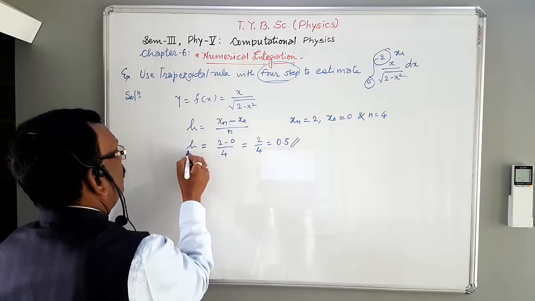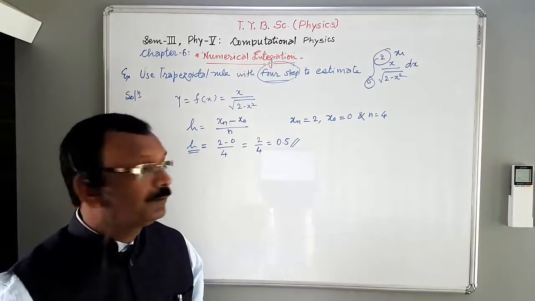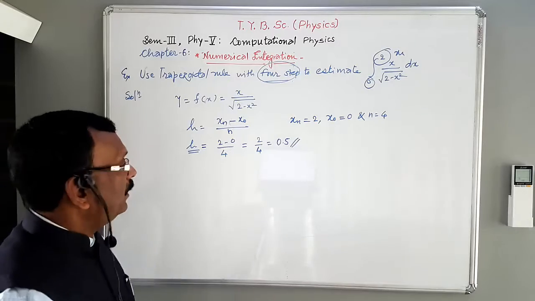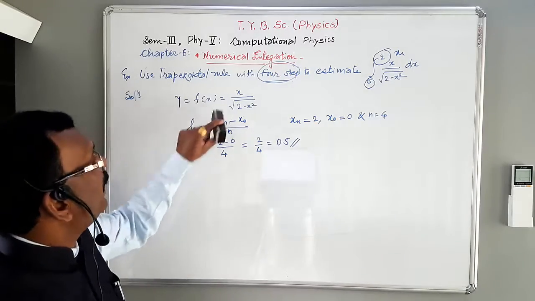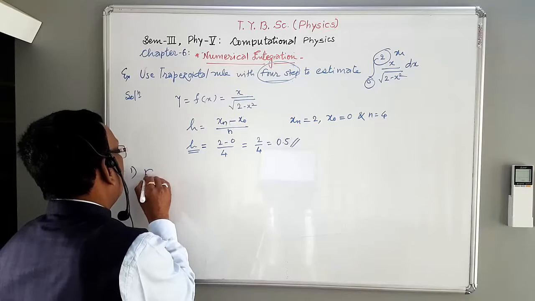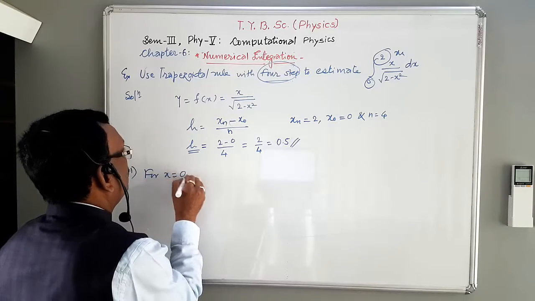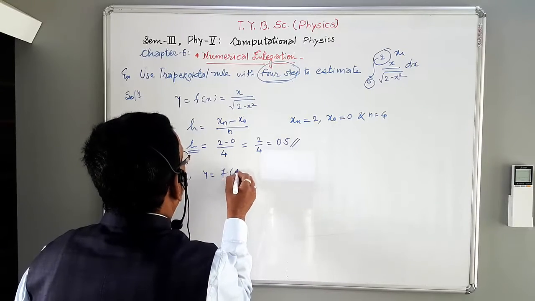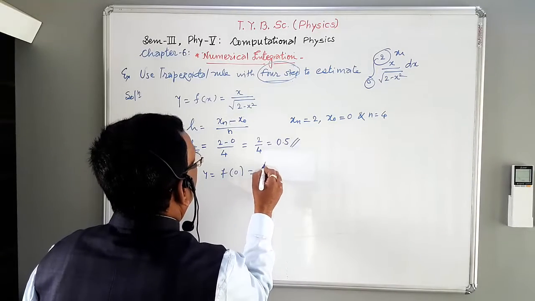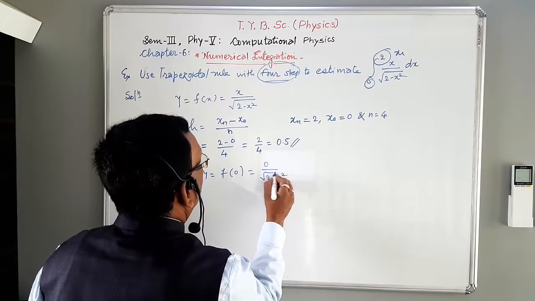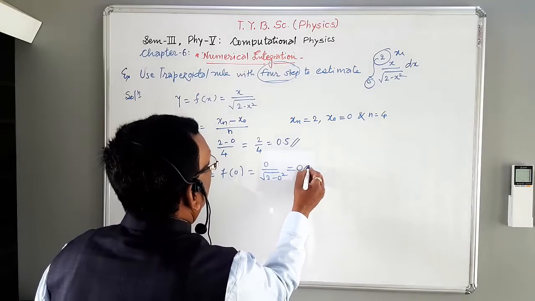Hence h is equal to 0.5. Now we can calculate the function y is equal to f of x. First, for x is equal to 0, we have y is equal to f of 0 is equal to 0 upon under root 2 minus 0 square, which is simply 0.